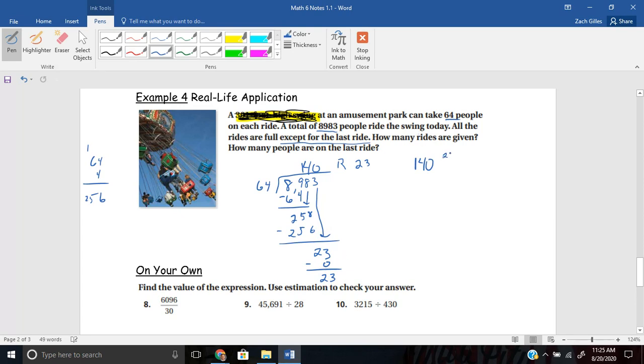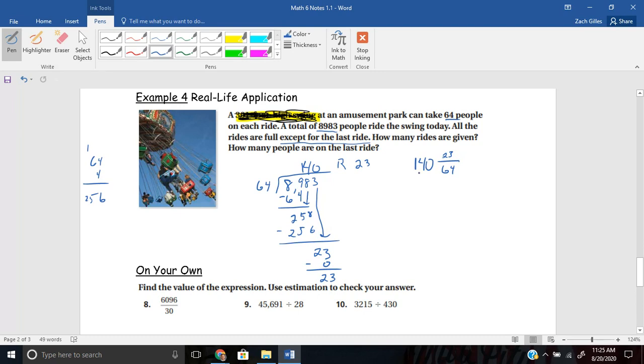So, and 23 64ths. I'm just taking my number that I was dividing by here and writing that as my denominator. Okay. So the quotient, the answer to my division problem, is 140 and 23 64ths.